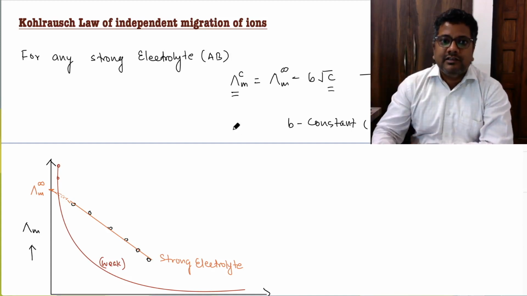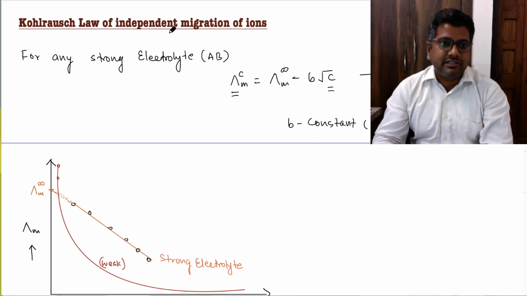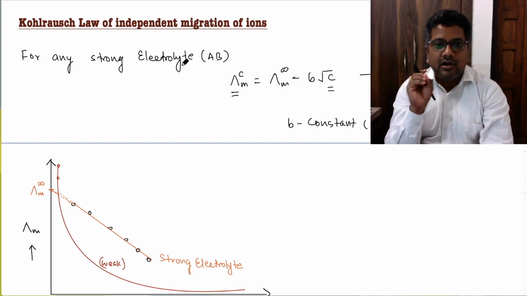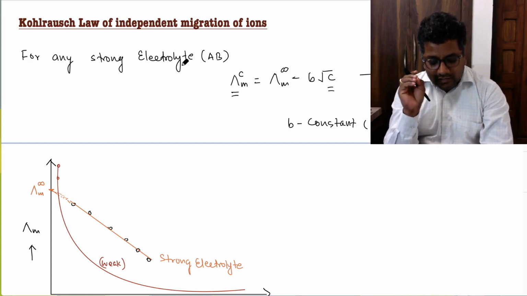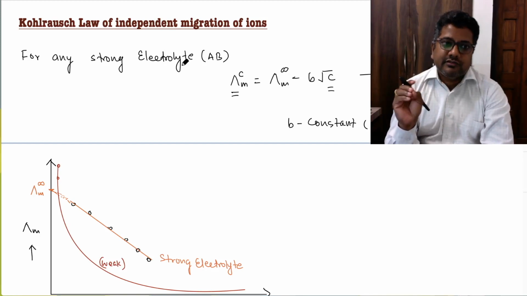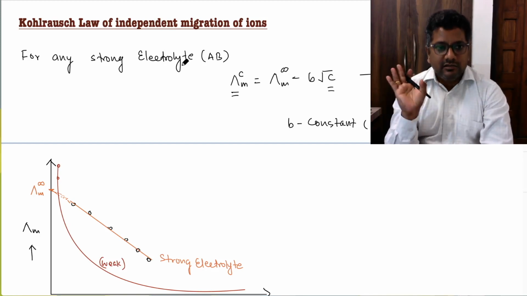So this is the key word of this definition. Independent migration means every ion contributes to the molar conductance independently at infinite dilution in a strong electrolyte.